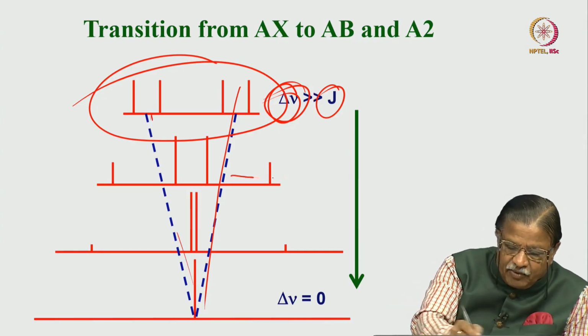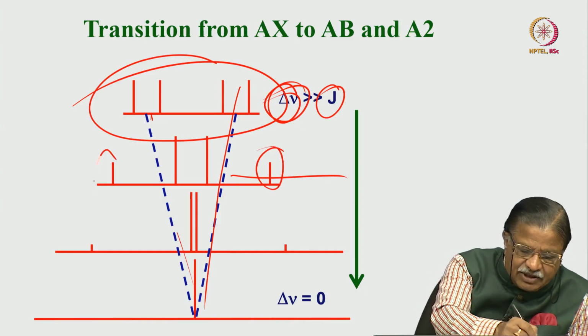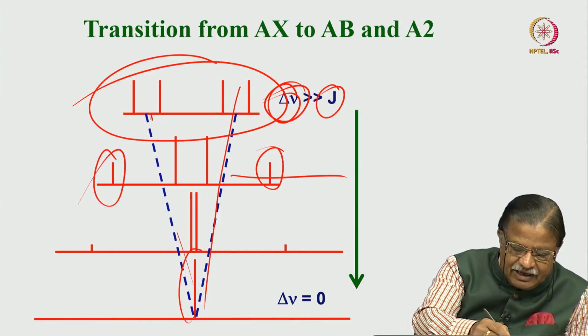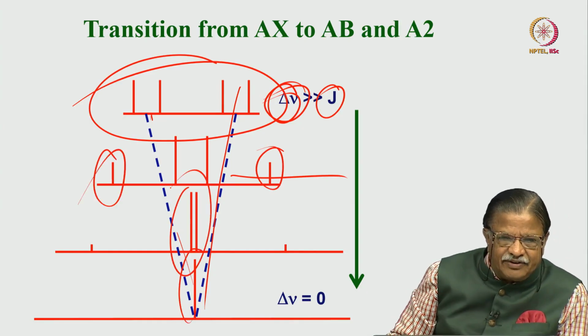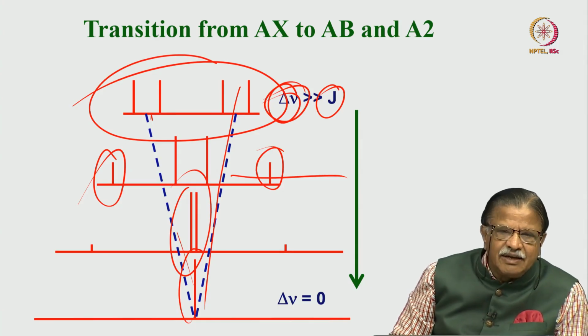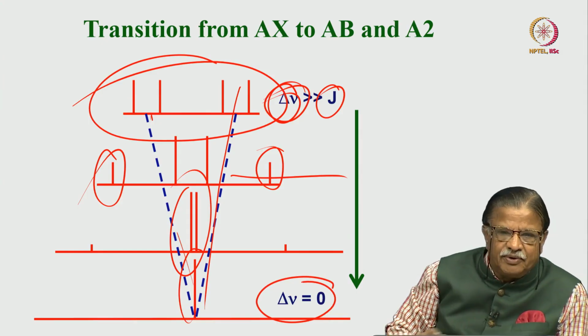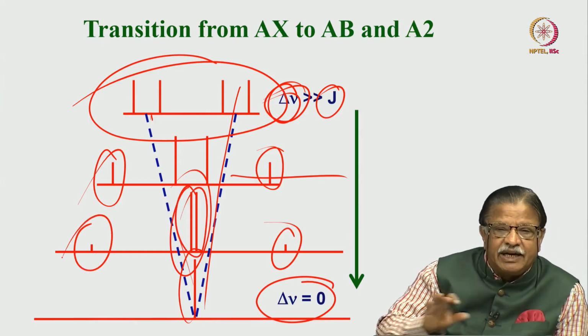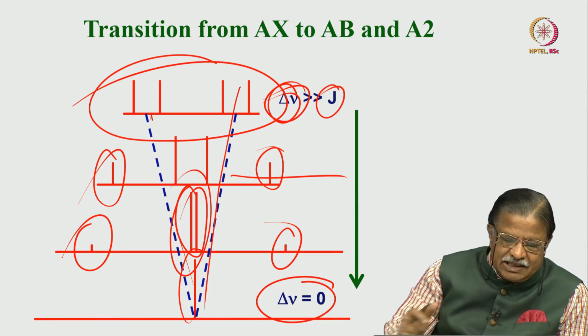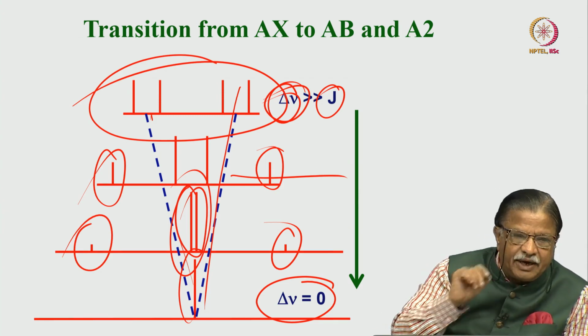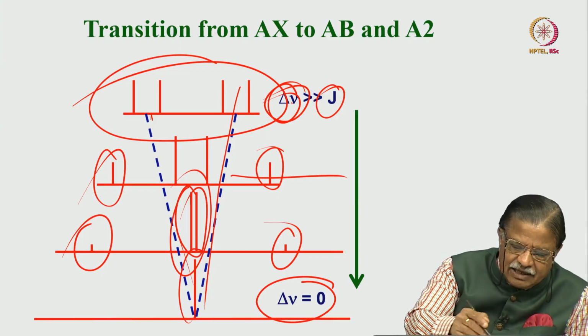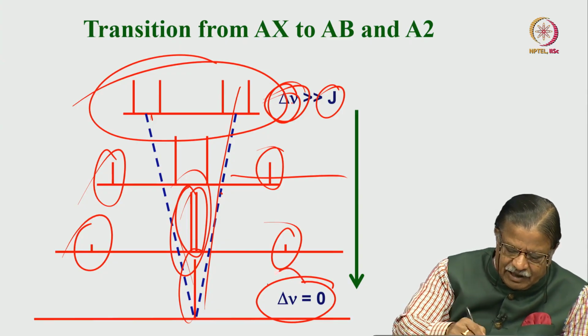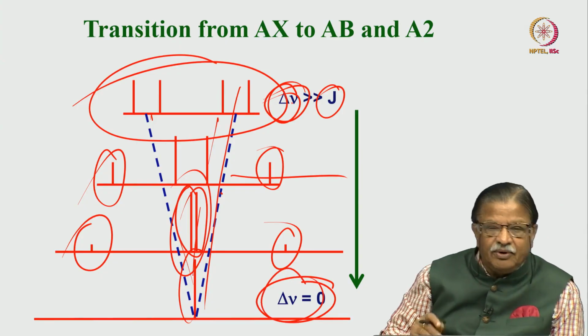Outer lines start moving away and reduce in intensity, and inner lines increase in intensity. When the chemical shift difference becomes equal to 0, the two inner lines overlap and the outer lines completely disappear. This is the transition from AX to A2. Remember, AX can go to AB, and when the chemical shift difference becomes 0, it can go to A2.